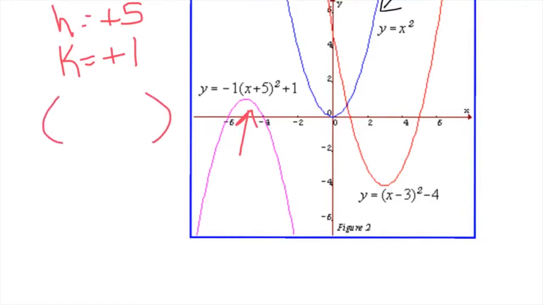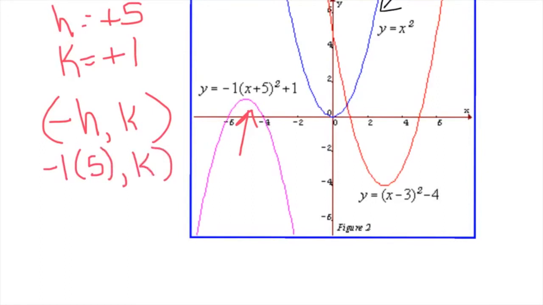Since we know that our vertex is negative h, comma k, we know that it's negative 1 times positive 5, comma k. And in this case, k is 1. So negative 1 times 5 gives us negative 5, and our k value is 1. So we know that this point, right at our vertex, has to be negative 5, 1.